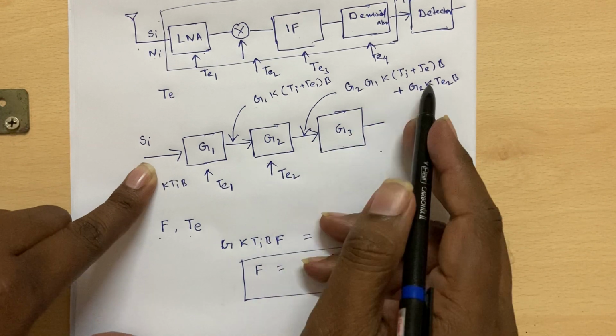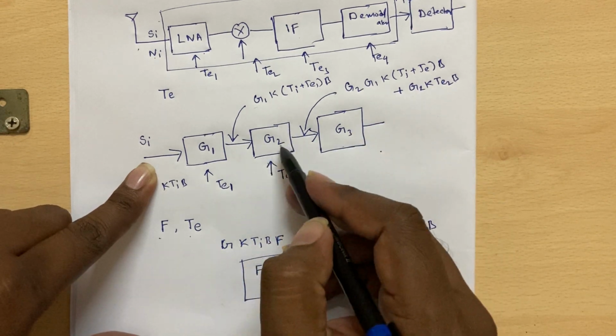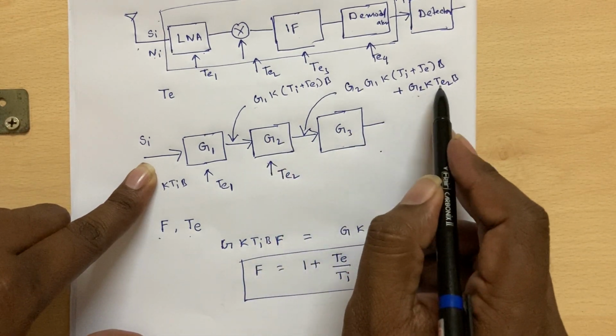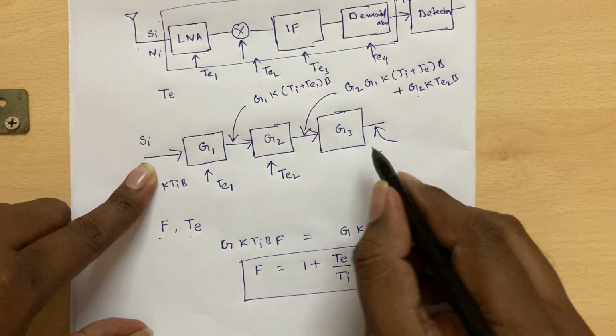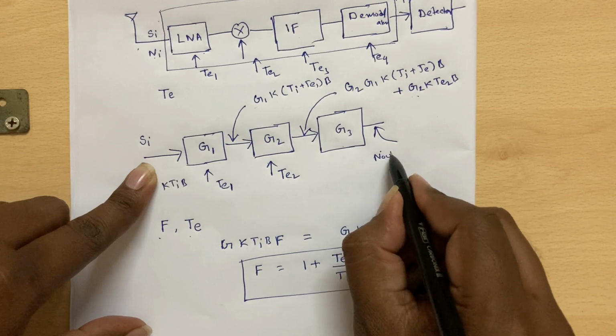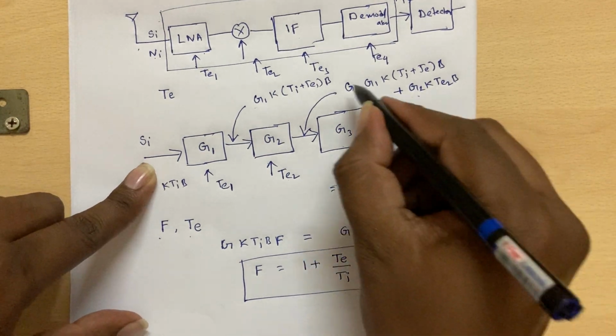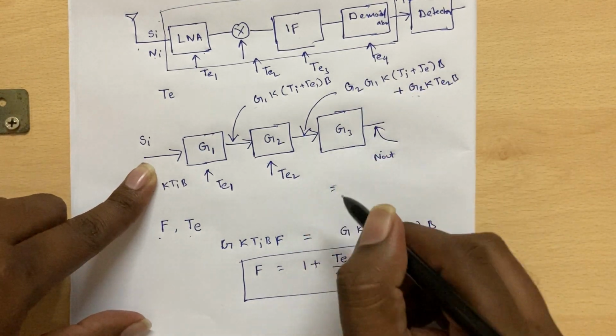It will appear here as G2 into K T2 into B, because its gain is only G2. Now what is the total output noise power N out here? This total will be multiplied with G3 first.